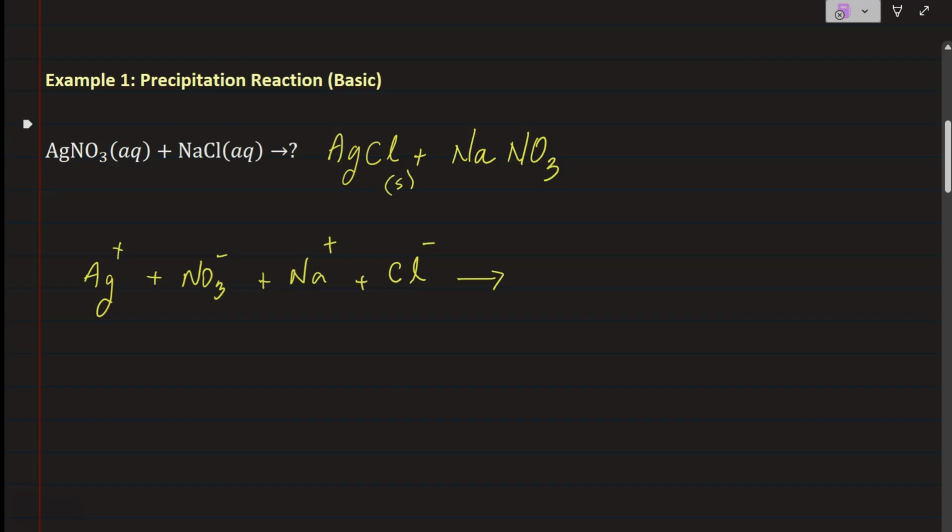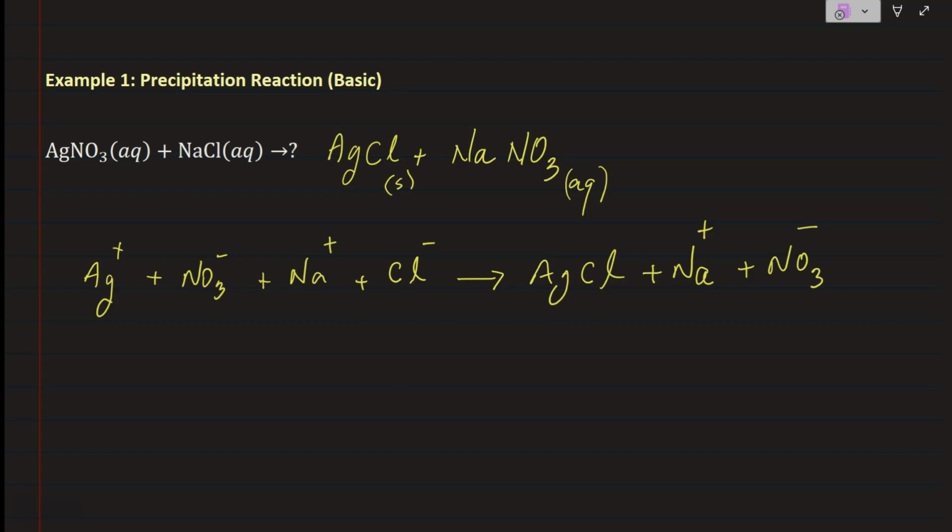But NaNO₃ is an aqueous compound. So AgCl, we have to leave alone because it cannot be broken into ions, but the sodium nitrate can. So Na⁺ plus NO₃⁻, the nitrate polyatomic ion.